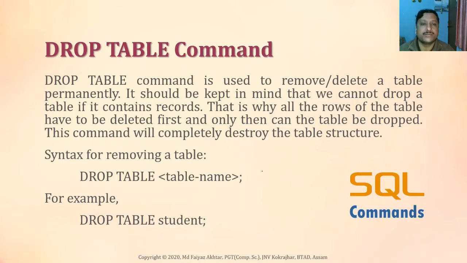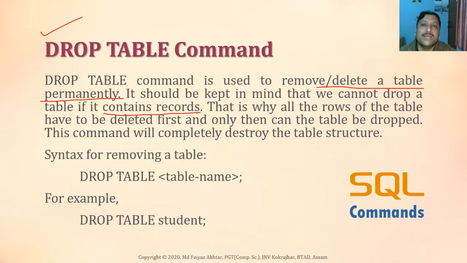Okay, now we have come to the drop table command. The drop table command is used to remove or delete a table permanently. Be very cautious using this command. It will delete the whole table along with the data permanently. It should be kept in mind that we cannot drop a table if it contains records. A precaution is already set here.